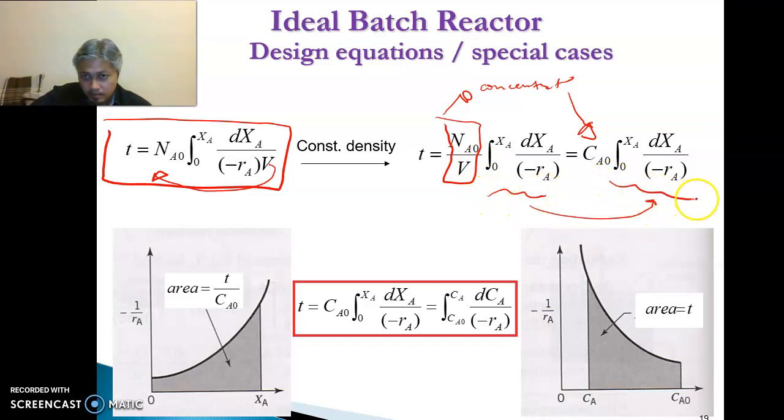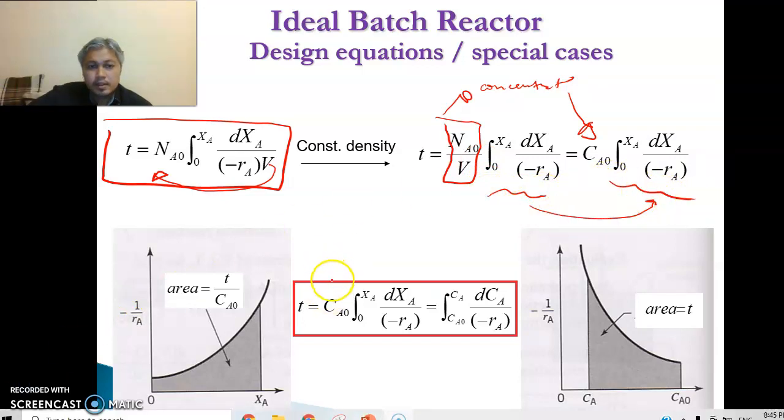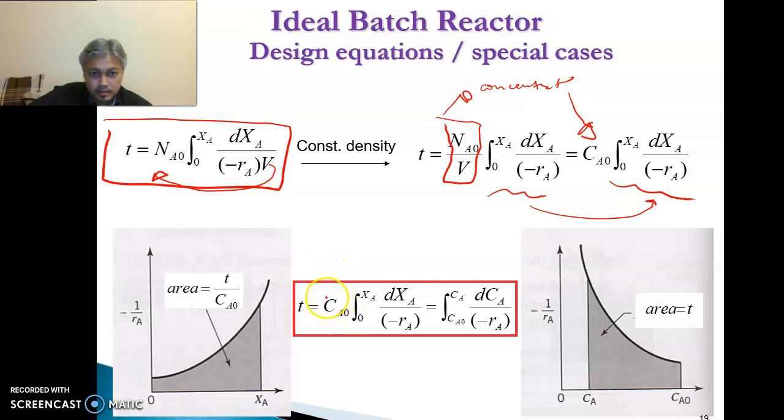And the same like the previous slide, we can bring this ca naught to the left hand side, and then this whole term is the area under the curve. That's why we get this curve here, and then t over ca naught is the area as well, so we have t over ca naught equals the integral part.